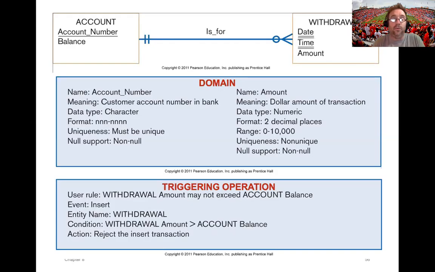So our user rule: the withdrawal entity type amount, the value in the amount attribute, may not exceed the account entity type balance attribute value. So let's say I have $5,000 as the value in my account entity type balance attribute cell for my account number. If I have $5,000 in there and I try to do a withdrawal of 5,001 and I put that in amount, I am going to stop that going through successfully.